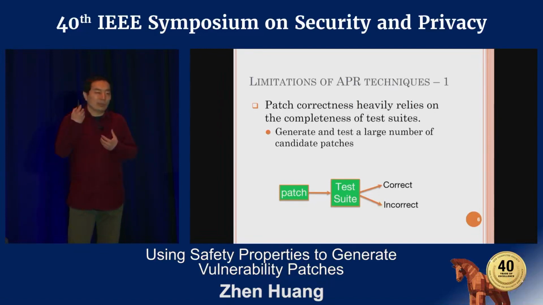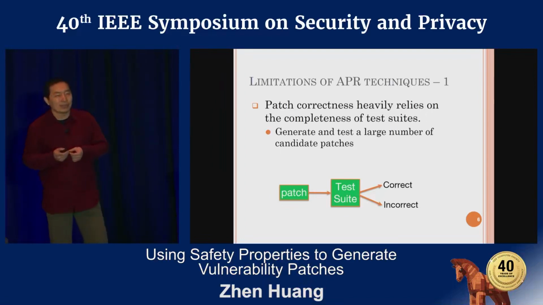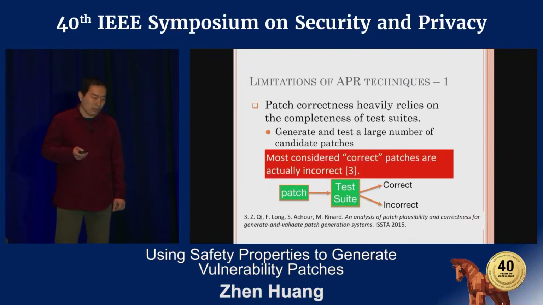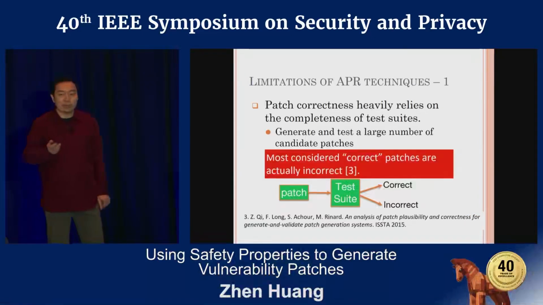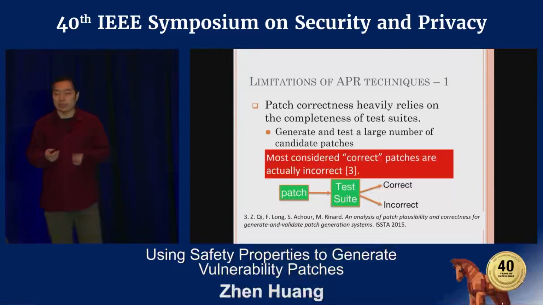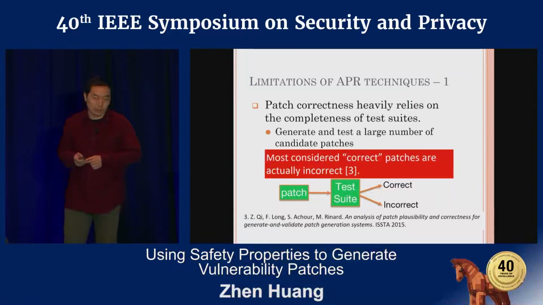Some generate patches by borrowing code from correct programs. Others use symbolic execution and constraint solver to generate patches. However, state-of-the-art APR techniques have two major limitations when they are used to generate vulnerability patches.